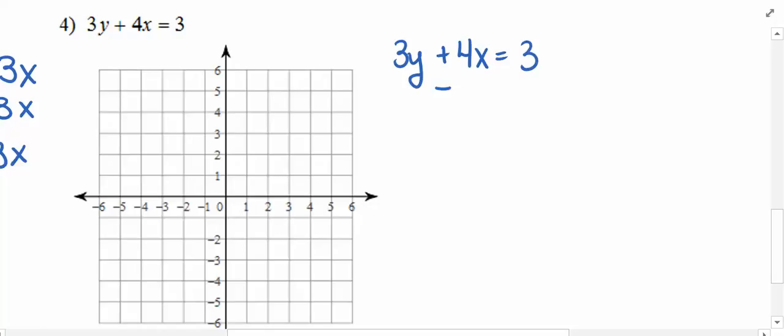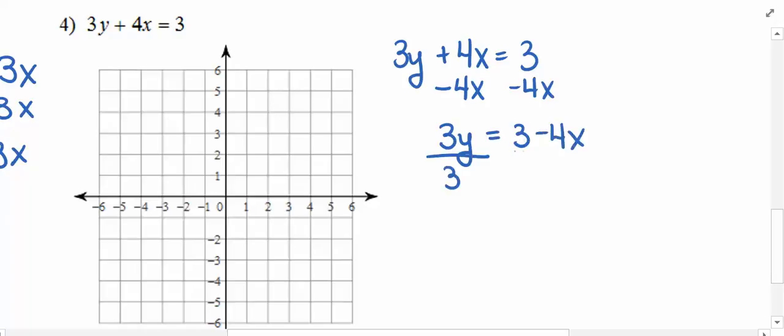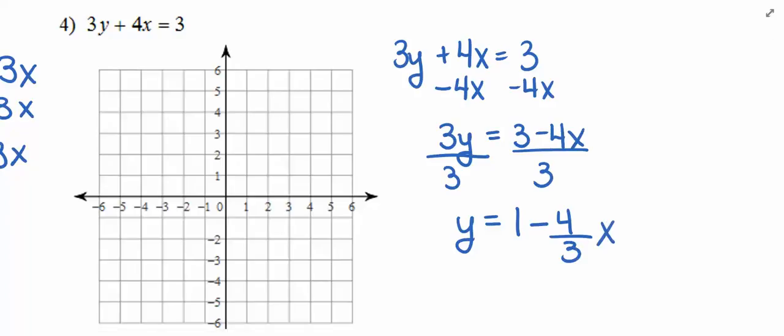Solve for y. Divide by 3. 3 divided by 3 is 1. Negative 4 divided by 3 is still negative 4 over 3. Now graph it.